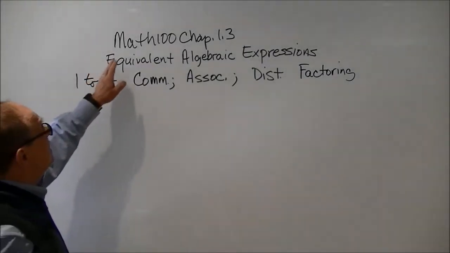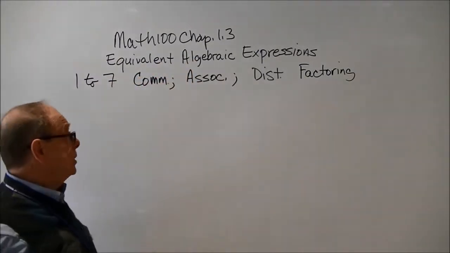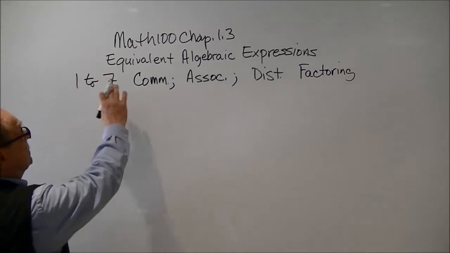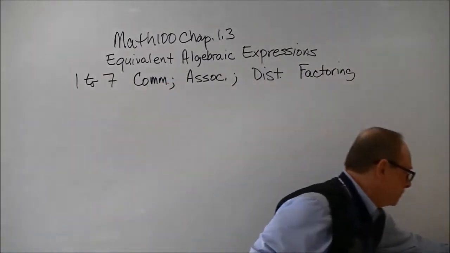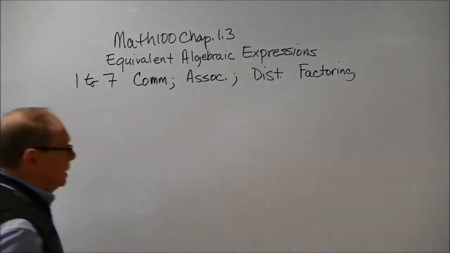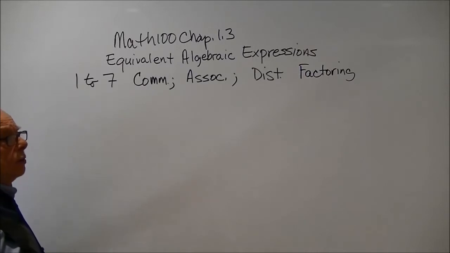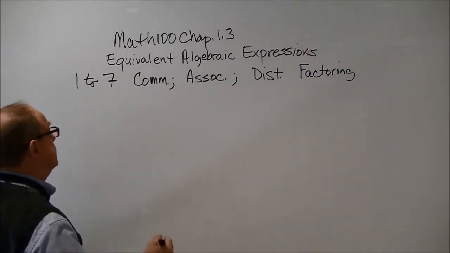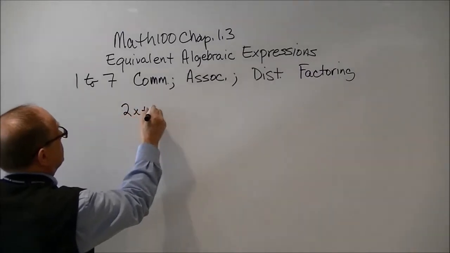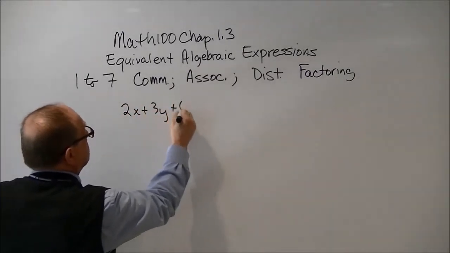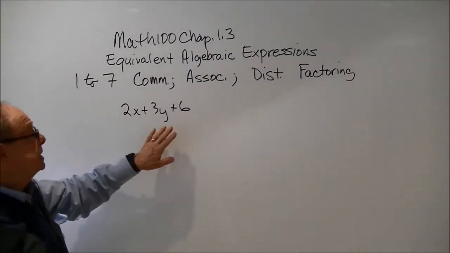Okay, today as we continue, we're doing Chapter 1, Section 3, which deals with equivalent algebraic expressions. To give you some background on this, first of all, what is an expression? Well, if you have like 2x plus 3y plus 6, this is an algebraic expression.